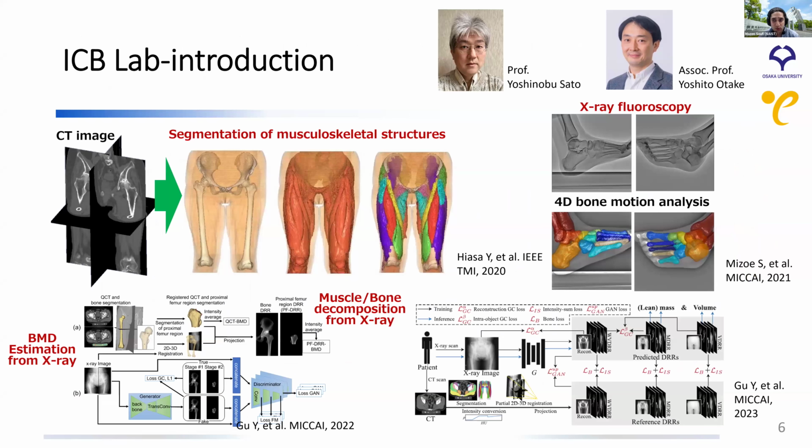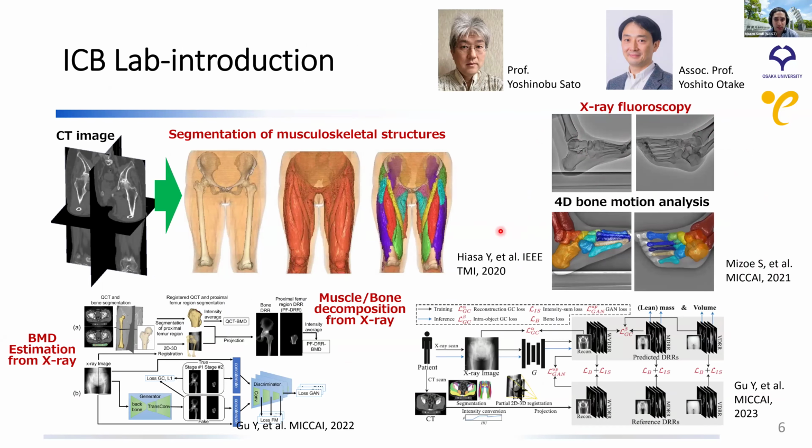So next, let me introduce our lab. Our lab is directed by Professor Yoshinobu Sato and Associate Professor Yoshito Otake, who have long research experience in musculoskeletal image analysis and the development of image-guided and computer-aided surgery techniques.